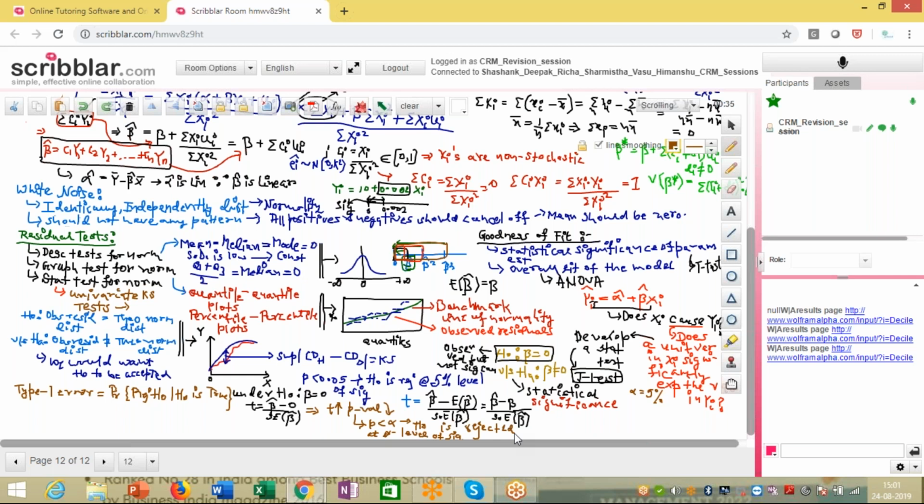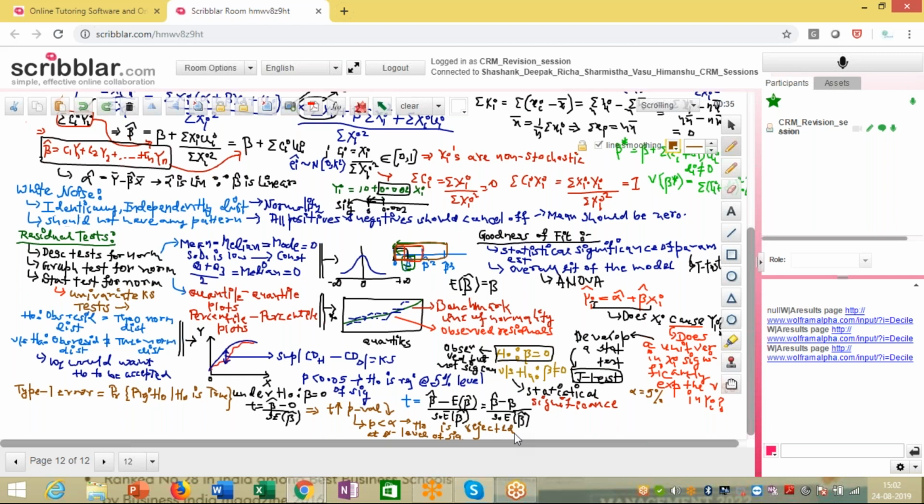At the t, you will get a corresponding probability of committing the type 1 error. And when you get that probability, you compare it to the alpha. So p less than alpha.